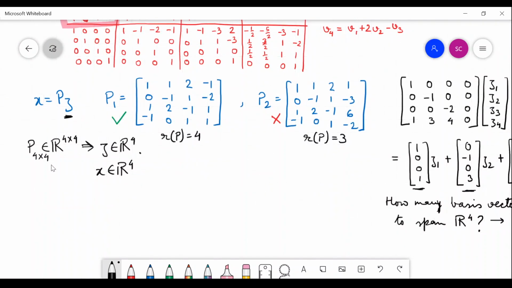So this is the reason for choosing invertible matrices, so that we can make a similarity transformation. I hope this much is clear.